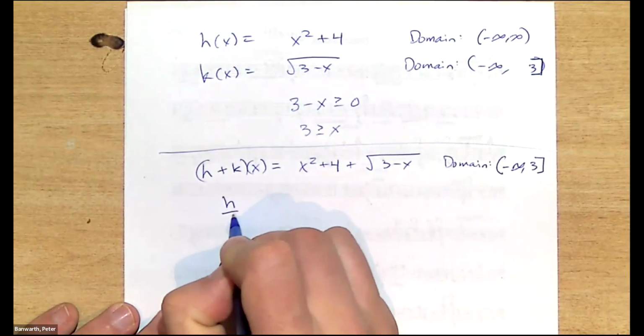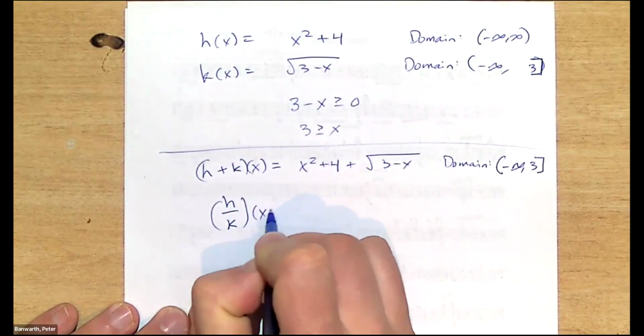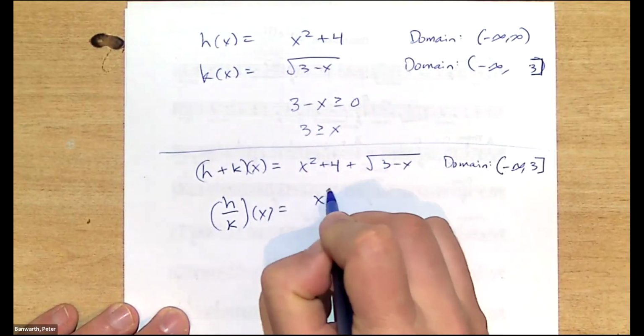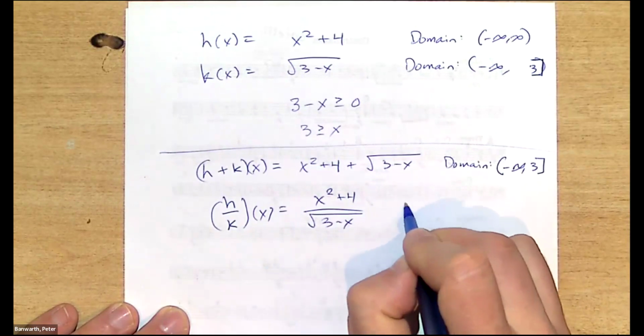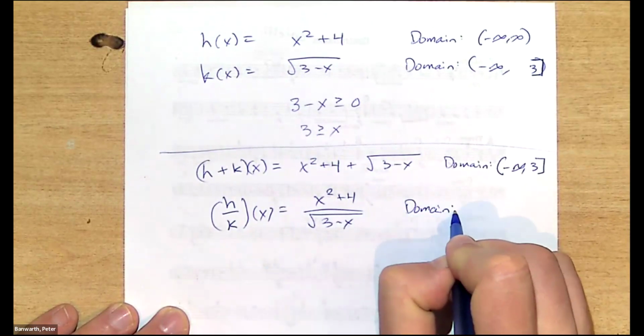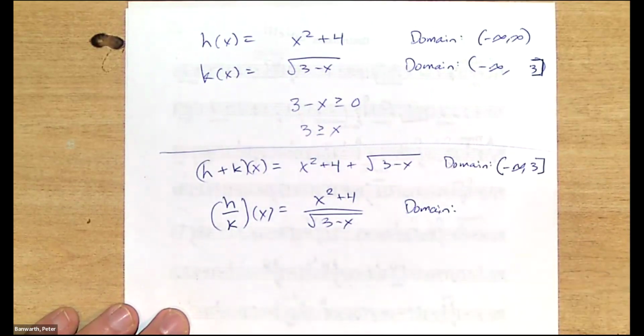Okay. What's h divided by k of x? That's x squared plus 4 over the square root of 3 minus x. Is the domain the same? What happens if I put the number 3 into here?